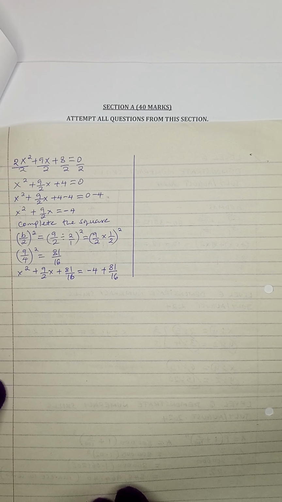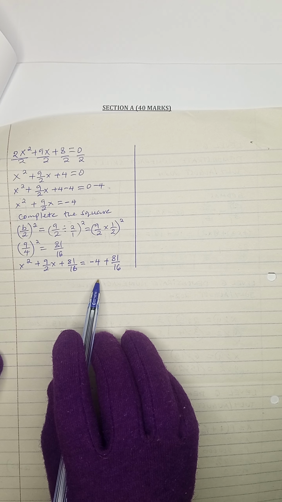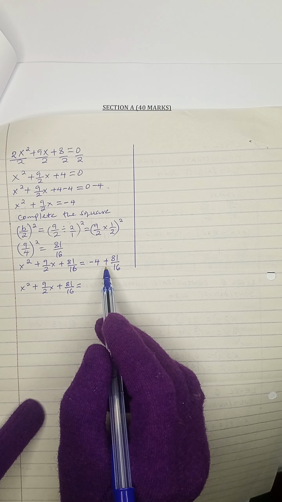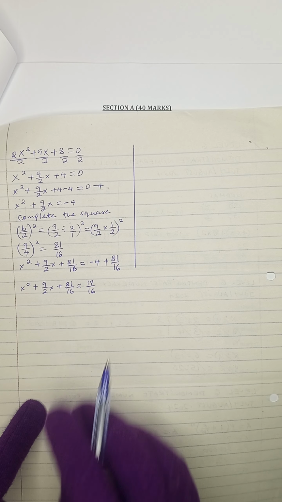Once you get there, we simplify the right hand side. So we have x squared plus 9 over 2 x plus 81 over 16 is equal to, you can use LCM to add or use a calculator directly, we get 17 over 16.